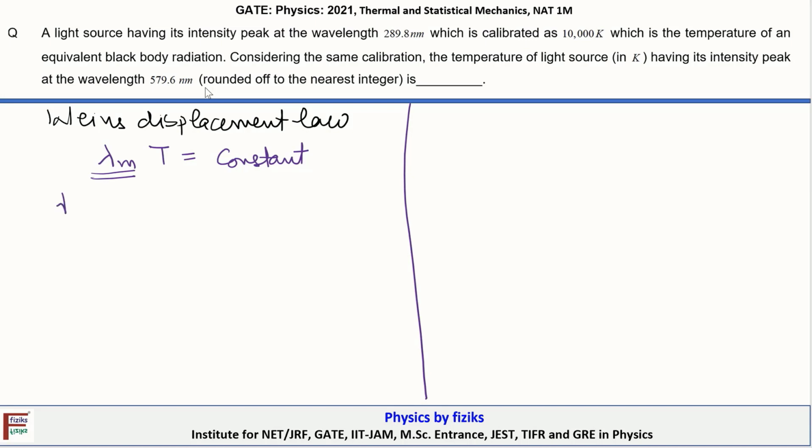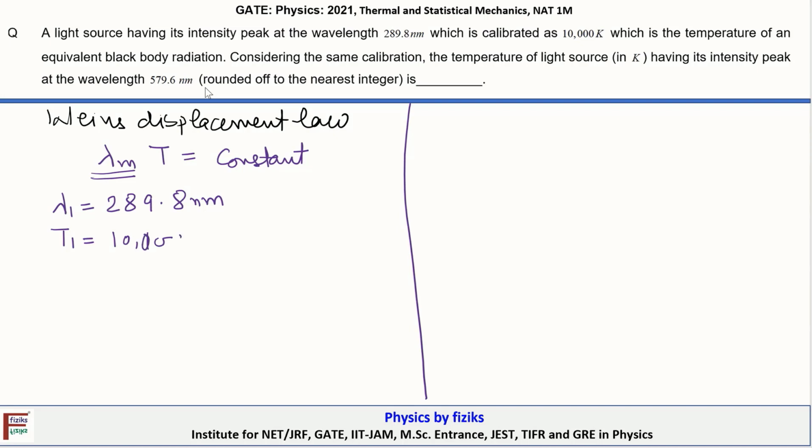The lambda 1 is 289.8 nanometer, and the temperature of the source, let's call this T1, is 10,000 Kelvin.